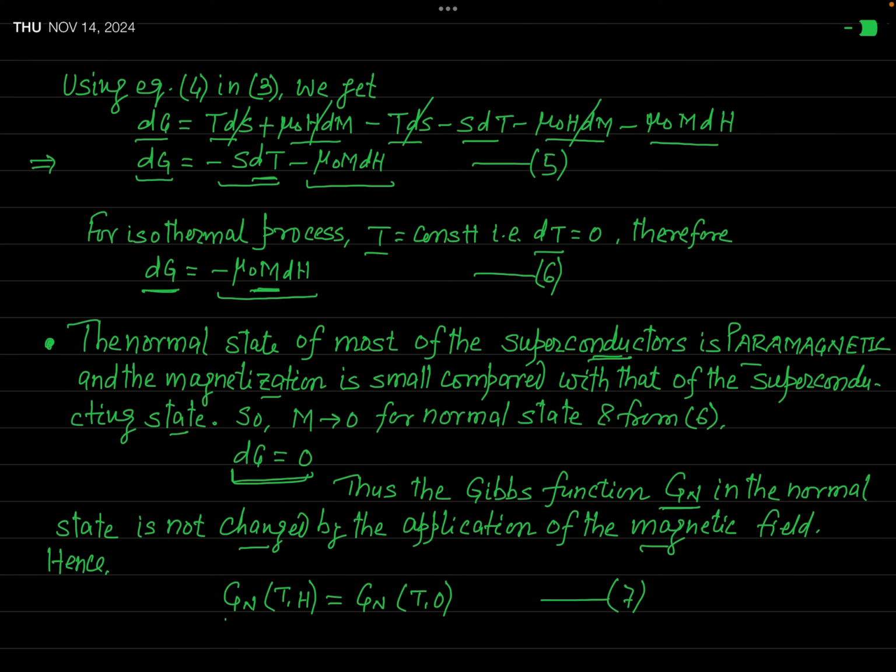So let us say this Gn(T,H) is the Gibbs potential for normal state of the material at temperature T and magnetic field H, and that will be equal to Gn(T,0). It means this is the Gibbs potential at temperature T when there is no magnetic field, because dG should be 0, so this should be the same at all magnetic fields. Here I have written Gn when the magnetic field is H, and again in the RHS there is Gn, which is the value of Gibbs potential for normal state of the matter at 0 field. Both will be the same. So Gn(T,H) is equal to Gn(T,0).